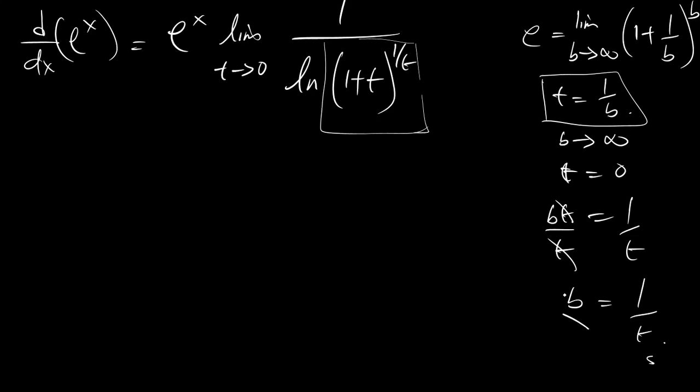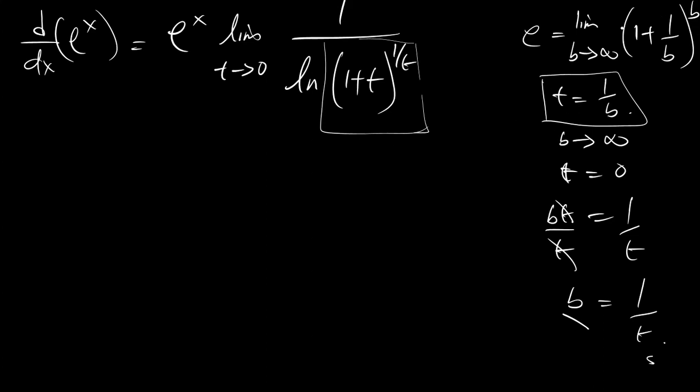Now we are going to replace b. Wherever we see b, we put 1 all over t, and wherever we see 1 all over b, we put t.